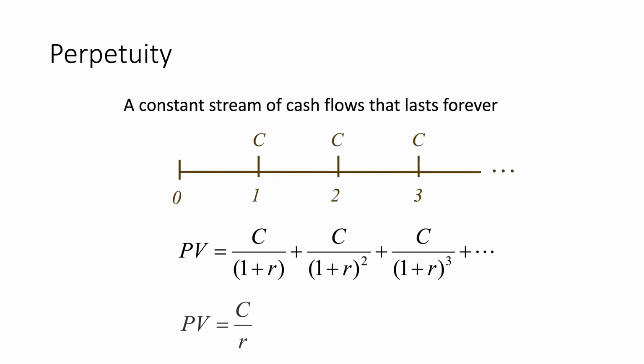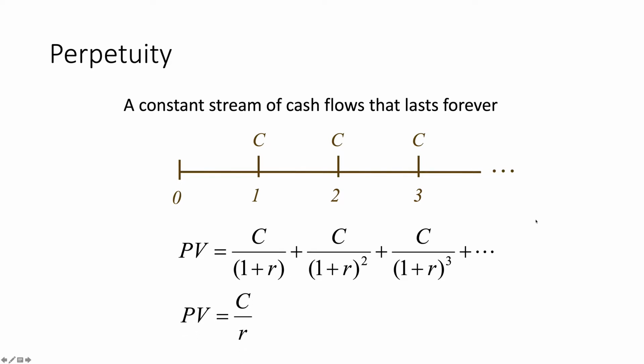Now let's deal with the perpetuity first, assuming that the cash flow looks like this. C represents cash flows from period 1, 2, 3 years, going forever, to infinity. Mathematically, we discount each cash flow by the cost of capital, interest rate or discount rate, also going to infinity.